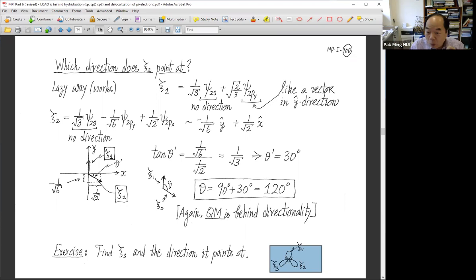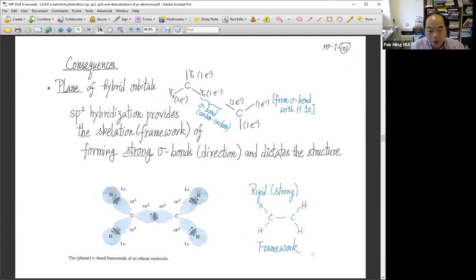Remember, we have one electron in 2s, one electron in 2px, one electron in 2py. Thereby, you can also think that you have one electron in this C1, one electron in C2, one electron in C3, waiting to form bond with other atoms, okay? So that is the sp2 hybridization. So let's move on.